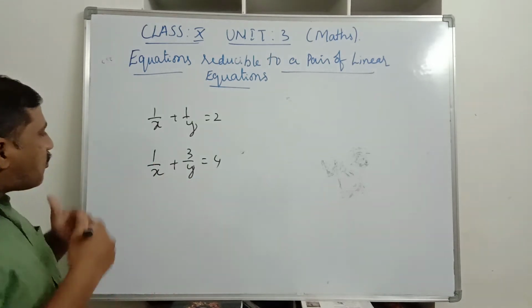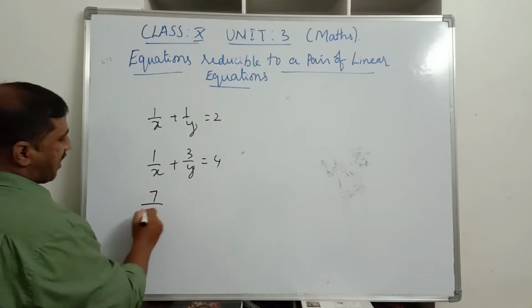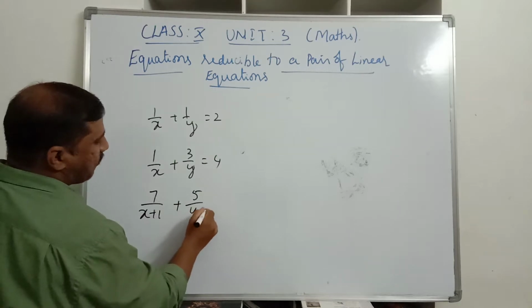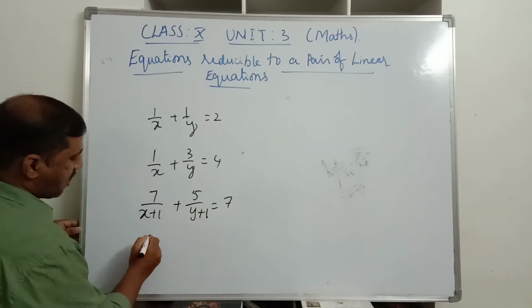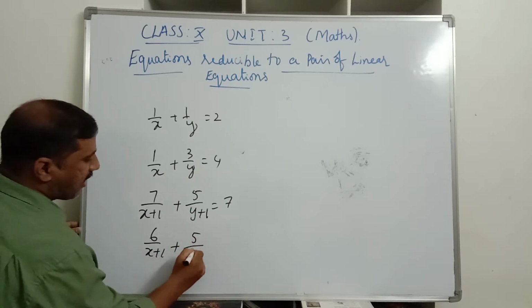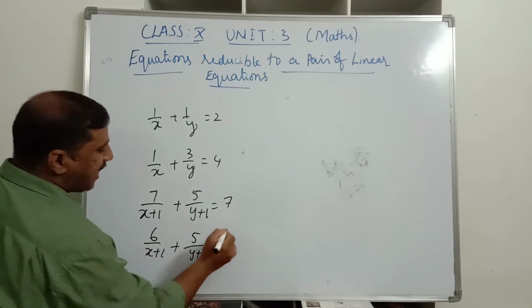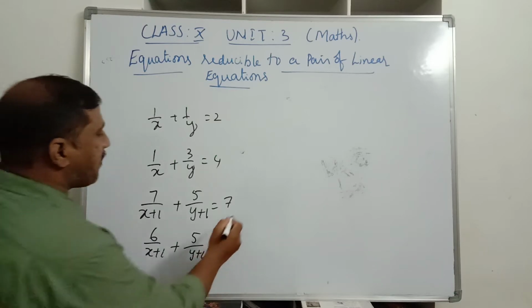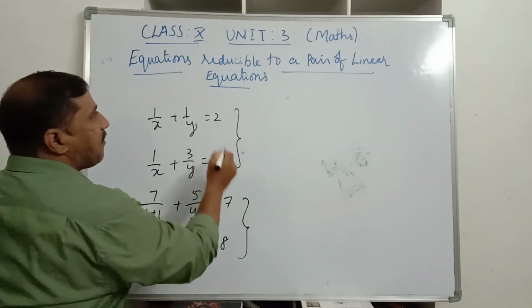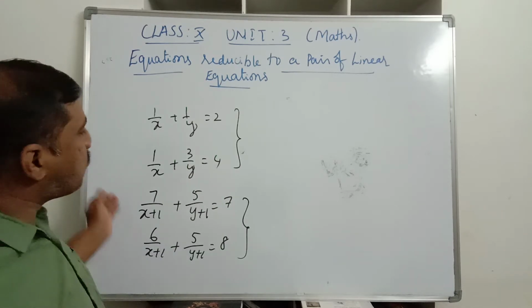Then you see one more example like this: 7 by x plus 1 plus 5 by y plus 1 is equal to 7, 6 by x plus 1 plus 5 by y plus 1 is equal to 8. This is also a pair of equations which are not in the pair of linear equations form. We should reduce them.